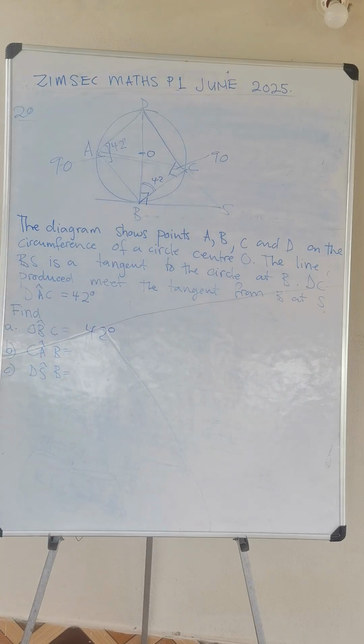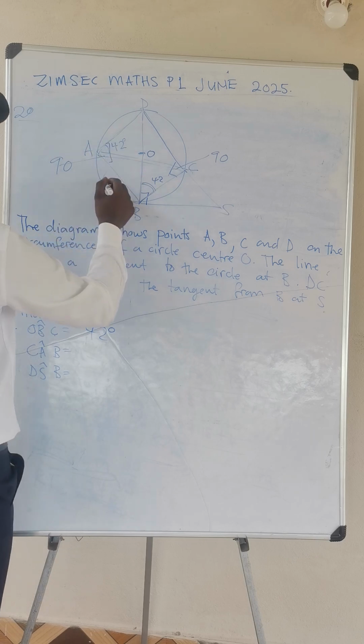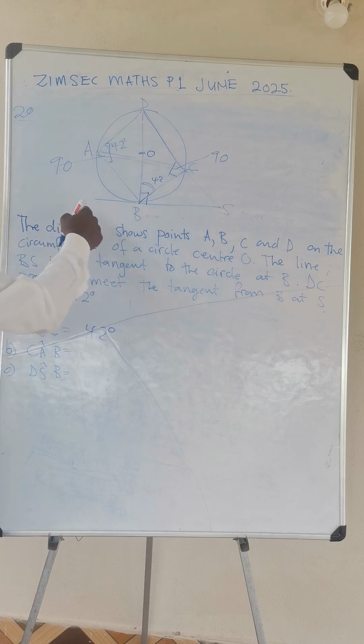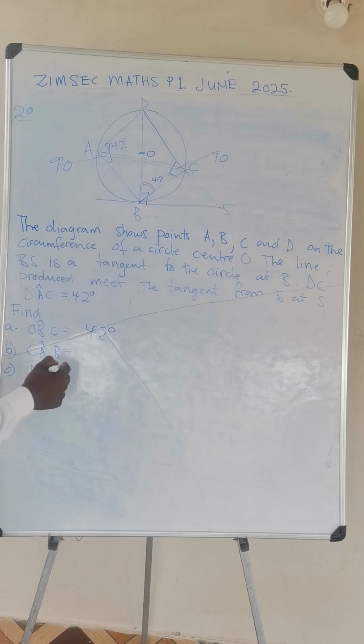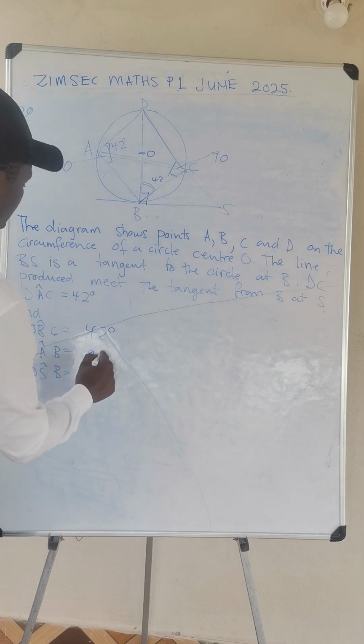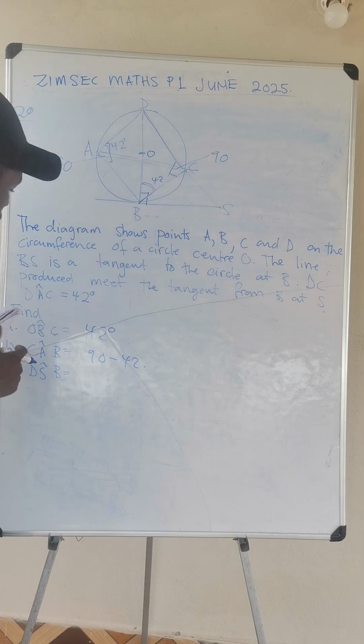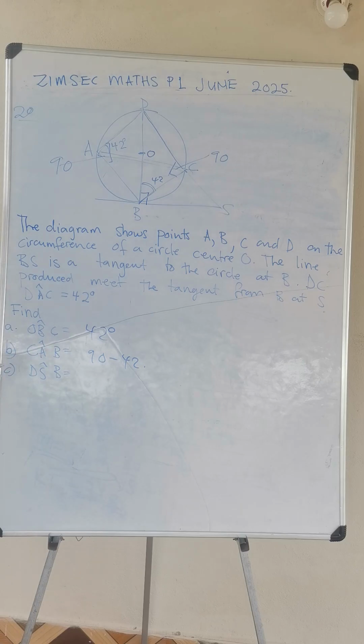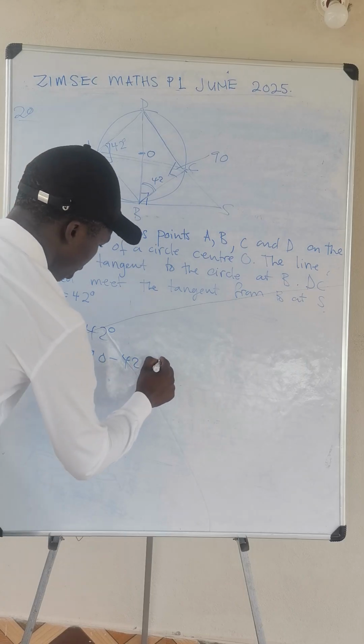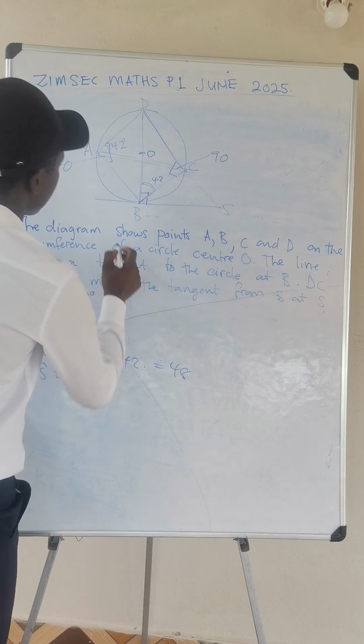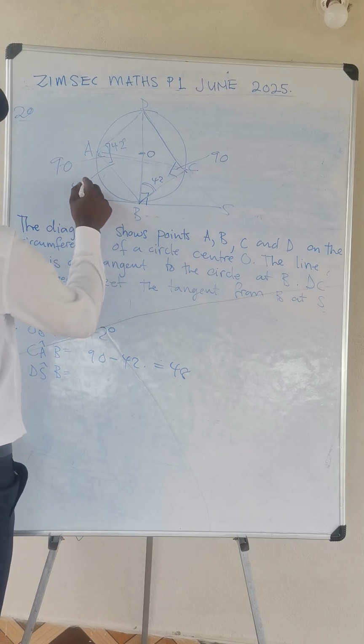But we said that any angle in a semicircle is a right angle. So here it means it's 90. So to get this angle, we just say 90 minus 42. We get 48. So here it means it's 48 degrees.